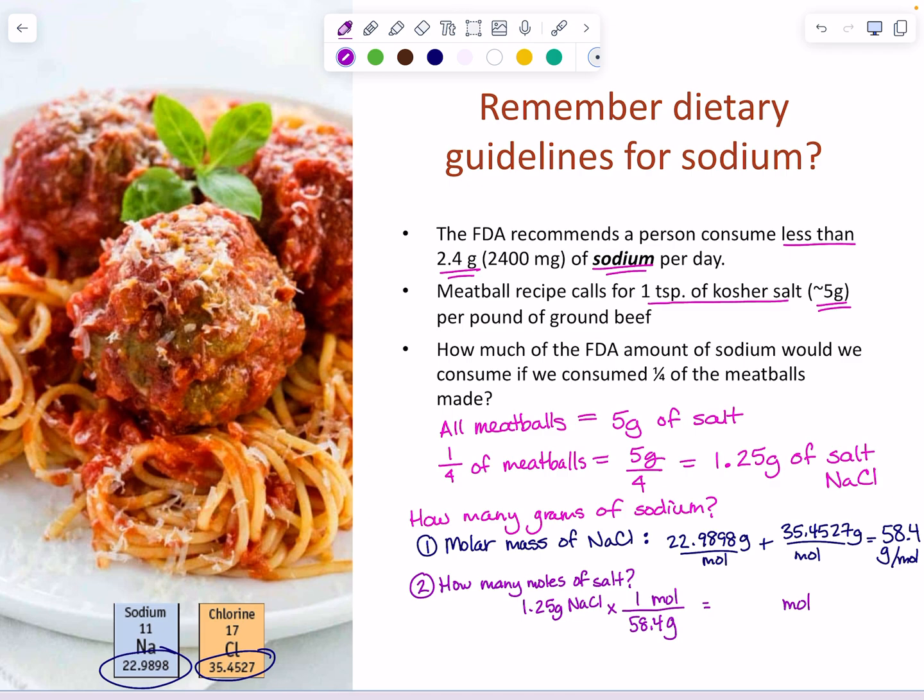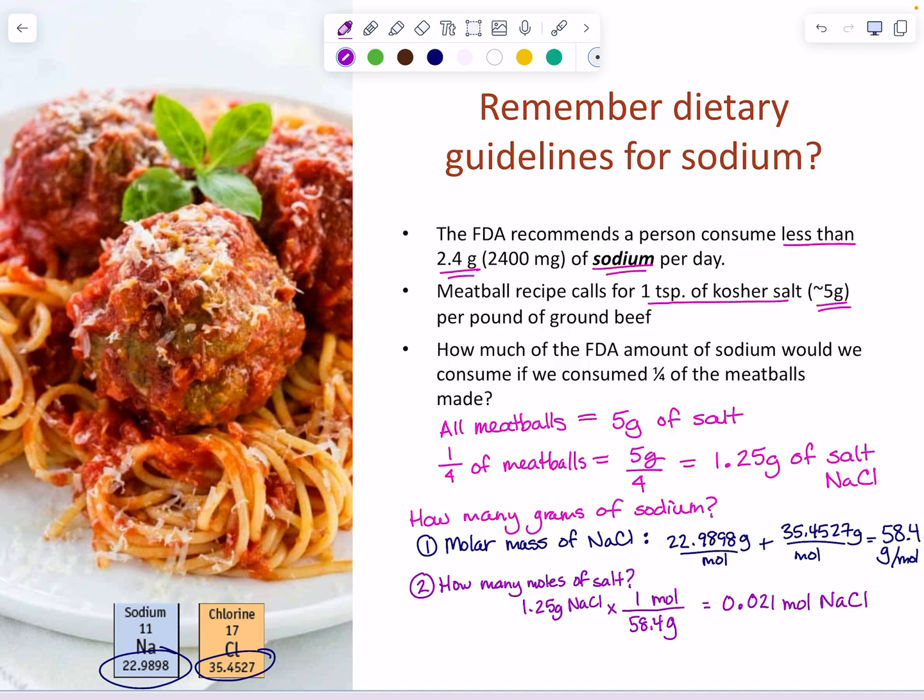So we've got 1.25 divided by 58.4. So that gives us 0.021 moles. Okay? So I have that many moles of sodium chloride.